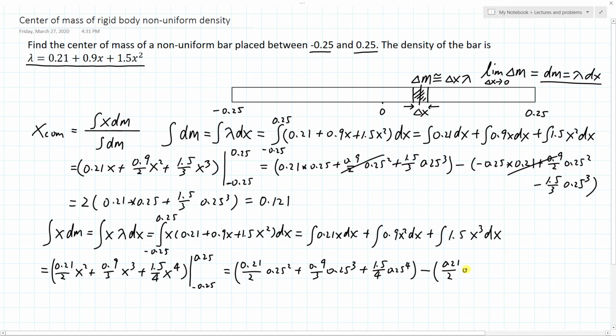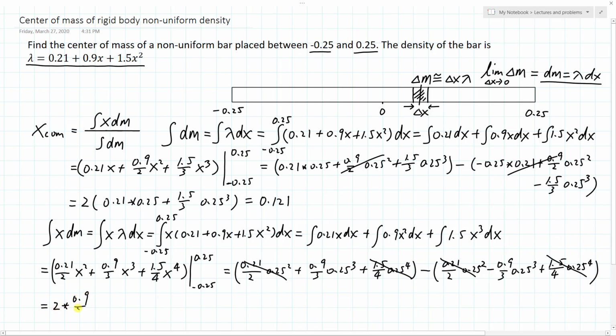So negative 0.25 squared becomes positive 0.25 squared, and here cubed with a negative, and here the 4th power again becomes a positive. And then we realize these two terms subtract away, and these two terms subtract away because of the negative in front, and these two will double up.